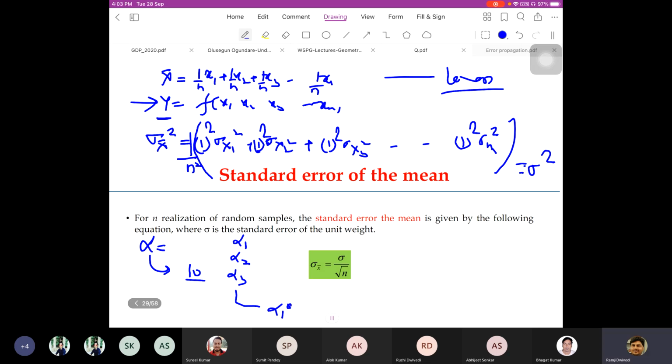These 10 observations will define the mean, and the variation in individual measurements will define the standard error in the mean. This is the physical significance.